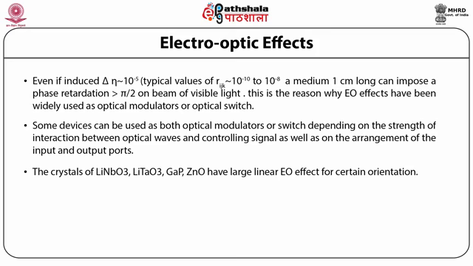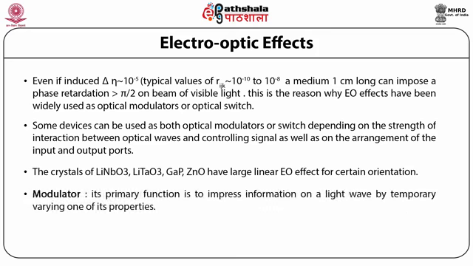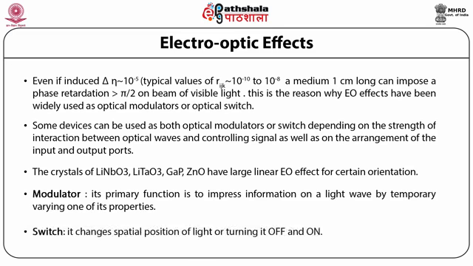So we can write it down that a modulator's primary function is to impress information on a light wave by temporarily varying one of its properties, and a switch changes the spatial position of light or turns it off and on. Basic characteristics of switches and modulators.